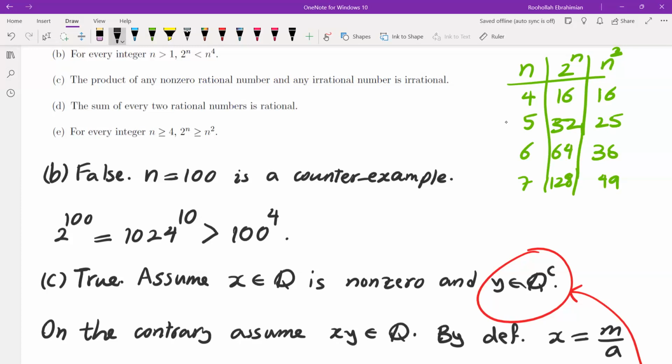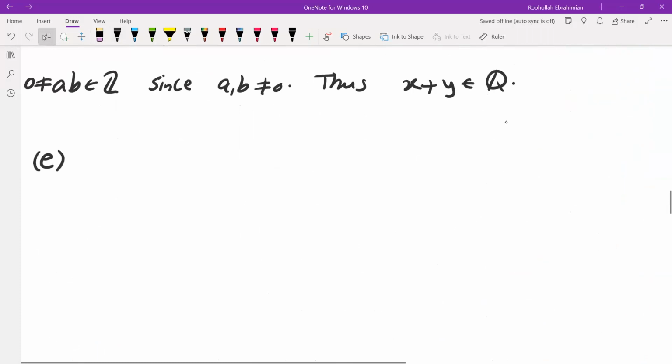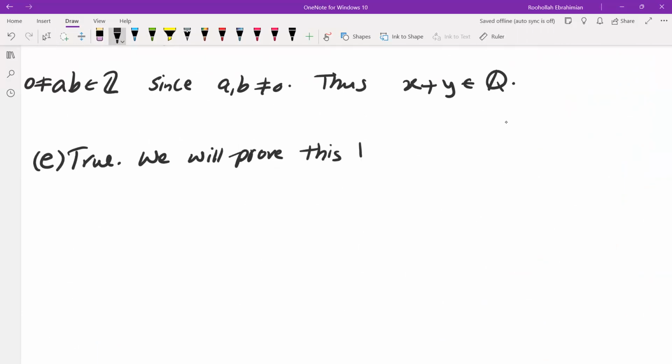Since this is stated as for every integer, we can prove that by induction. So first of all, this is true, and then we will prove that by induction. In order to prove it by induction, we will have to take the basis step.